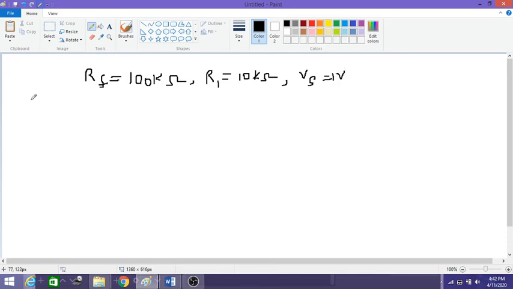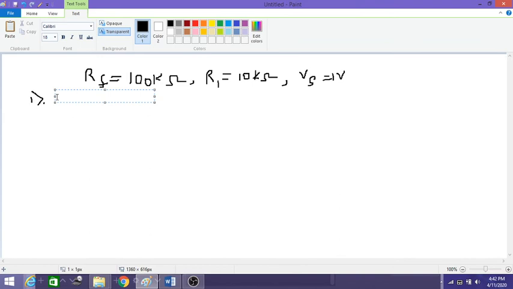Here the question asks us to find, first, the closed loop gain, that is AF. Second, the output voltage, that is V0.